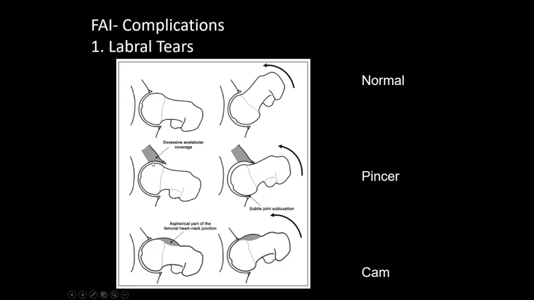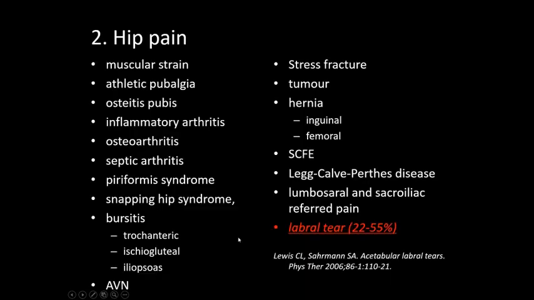But in patients with pincer and increased acetabular overcoverage of the femoral head, when you do flexion, internal rotation, and adduction, there is contact between the anterior cortex of the femoral neck and the labrum. And also in patients with cam deformity, because of that bony bump during flexion, adduction, internal rotation, we get contact between the bony bump and the labrum, anterior labrum here, and we get labral tearing.